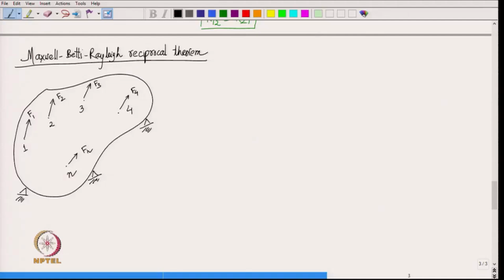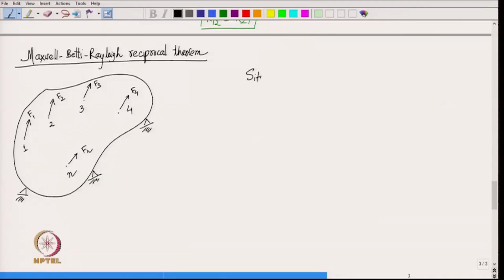And in the second case, let us again apply forces at those same n locations, but of different values. Let us suppose F1 prime, F2 prime, F3 prime, F4 prime, Fn prime, and then again measure the corresponding displacements. Okay. So, we have two situations, situation 1 and situation 2.